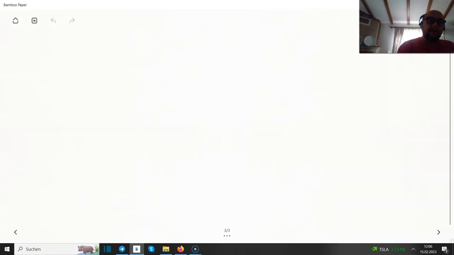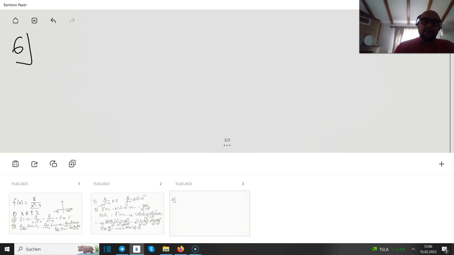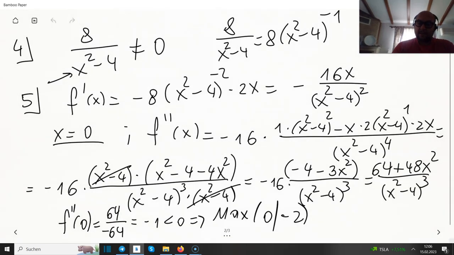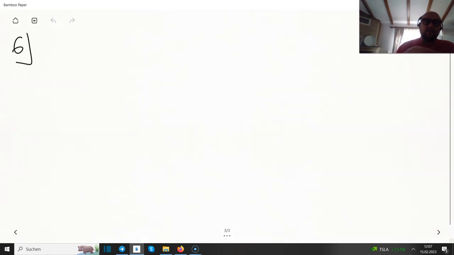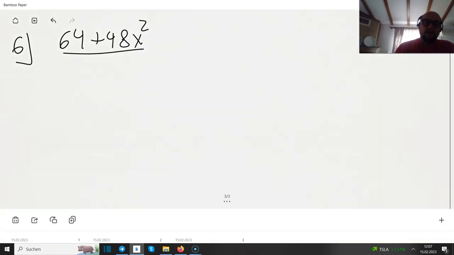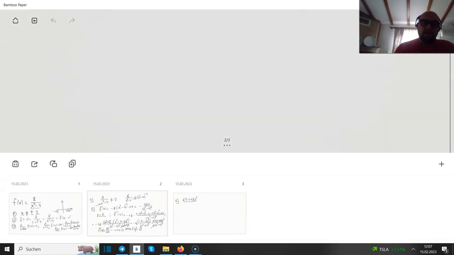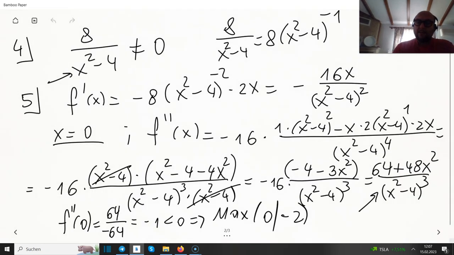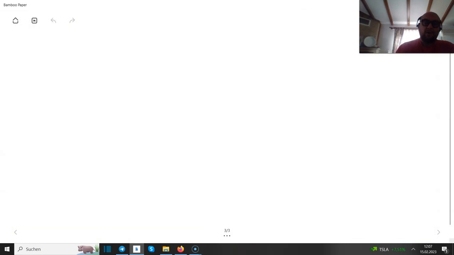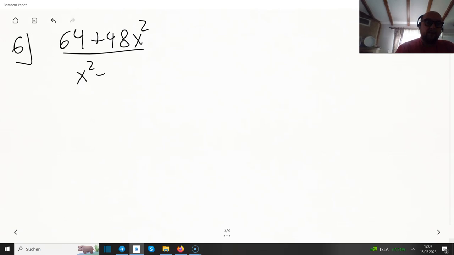Question number 6. We are handling the second derivative, which is here, 64 plus 48x squared divided over x squared minus 4 cubed.